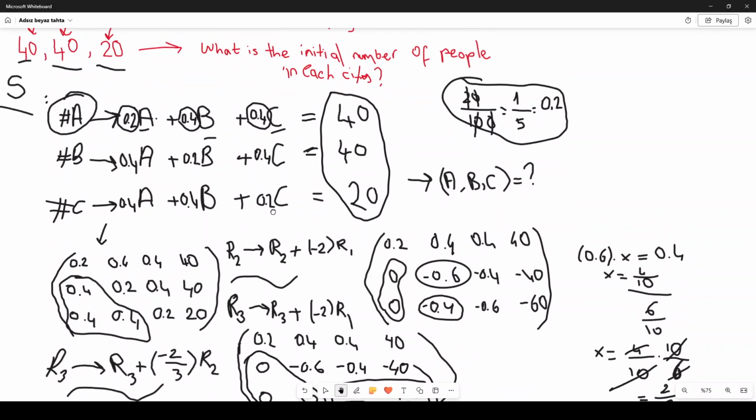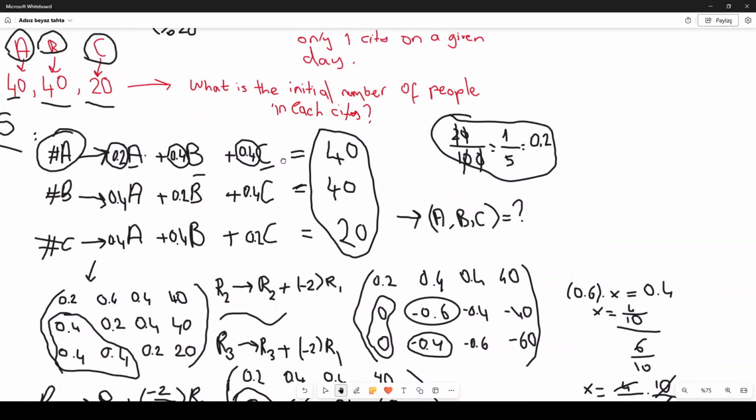Now guys, we have the system of equations, right, where we have the unknown variables A, B and C, which correspond to the initial number of people in the beginning that we are required to find, because we are asked to find the initial number in each city, and A, B, C values represent respectively the number of people in each city.